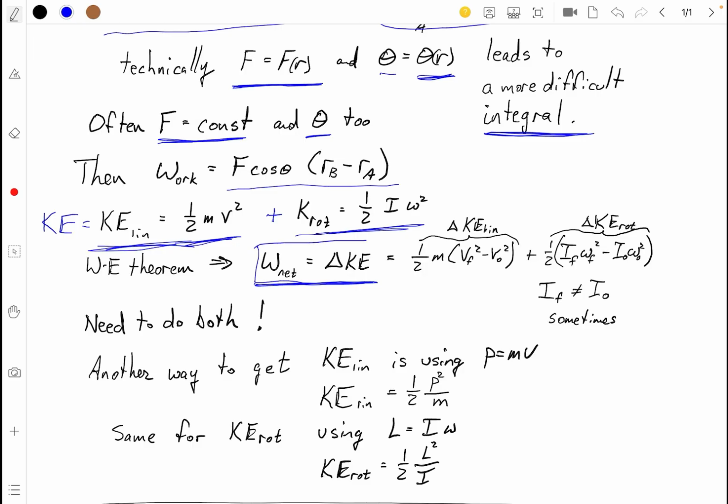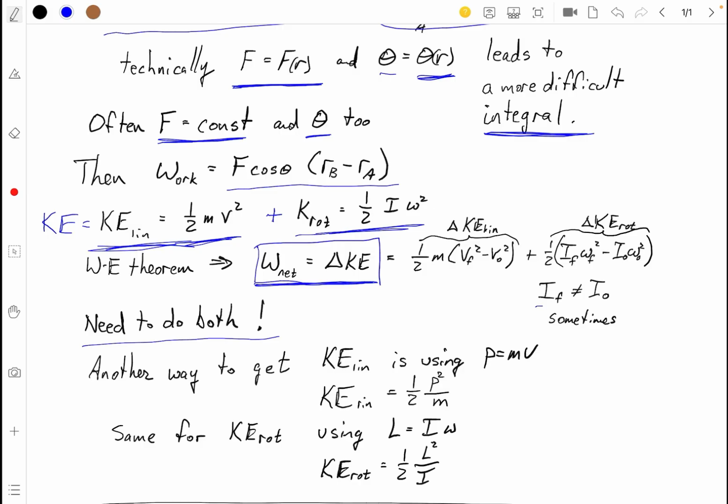This right here, work energy theorem: 1/2 m (v final squared minus v initial squared) plus the kinetic energy rotationally. You got to do both, okay? That will give you your work total, your work net, the amount of work done. So it's the way you got to do it.